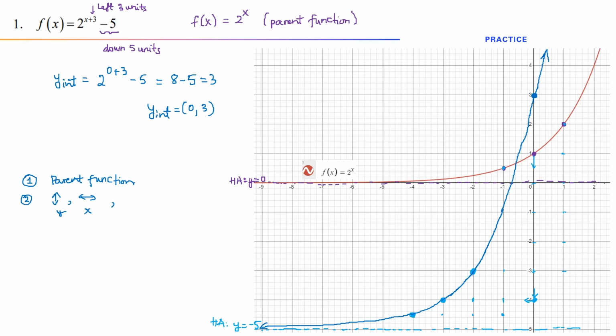Does it flip? And then number 3 is, can we find the y-intercept? Number 4, can we find some point to connect?